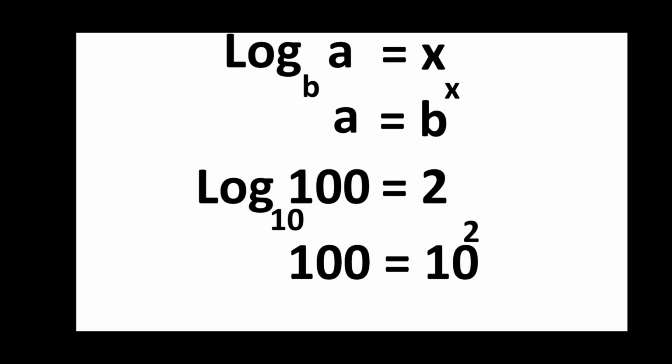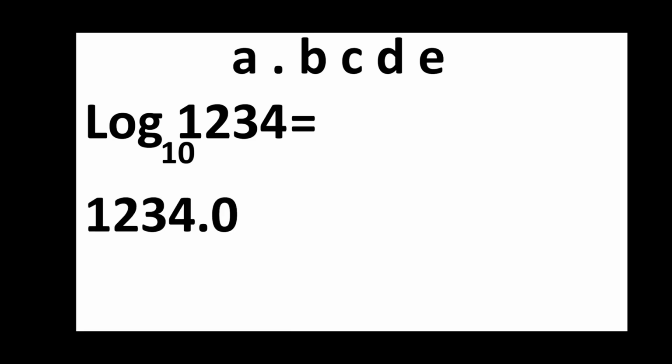Let's see with more detail now. Log of 1234 with base 10, we have to find the value of this using the logbook. Step 1. Write it in the form a.bcde, where a must be a non-zero number. The given number in decimal form is 1234.0.